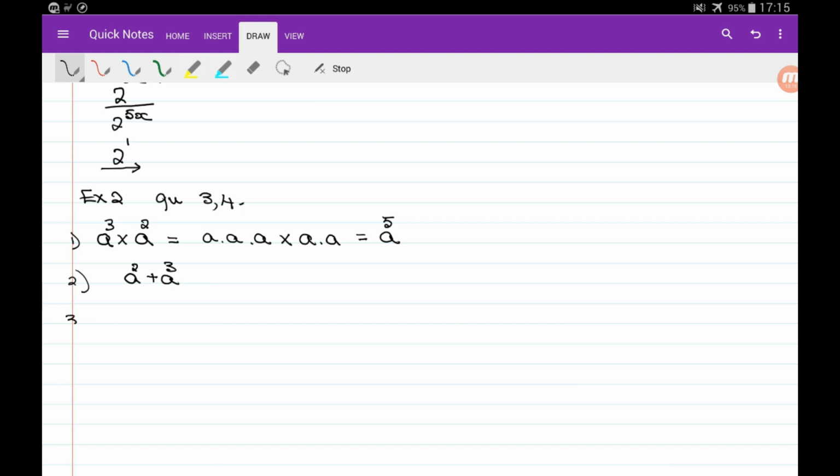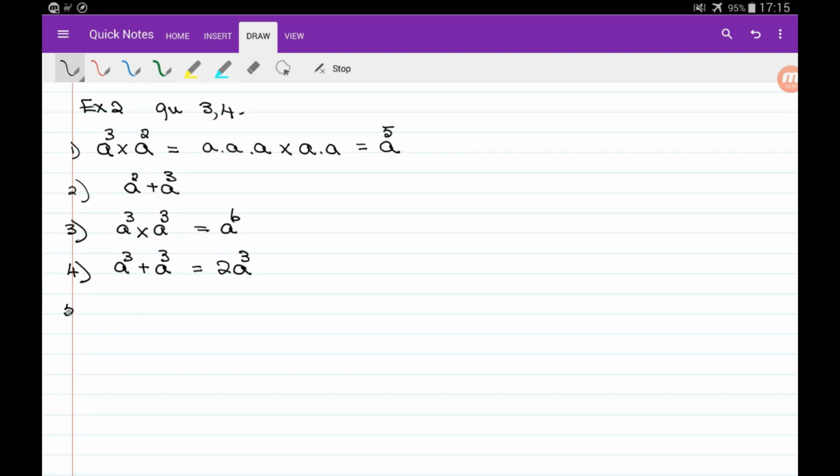If I was to give you a to the 3 times a to the 3, your answer would be a cubed times a cubed, a to the 3 plus 3, which is 6. If I was to give you a cubed plus a cubed, one of them plus another one of them would be 2 of them.